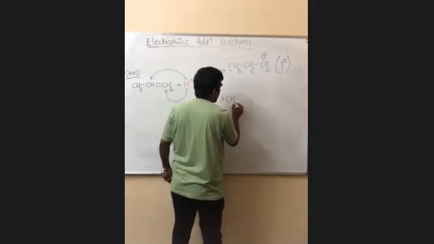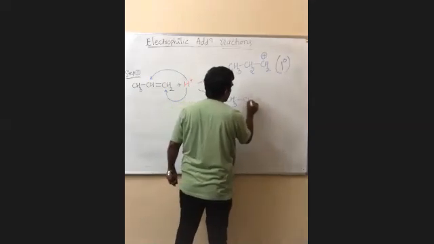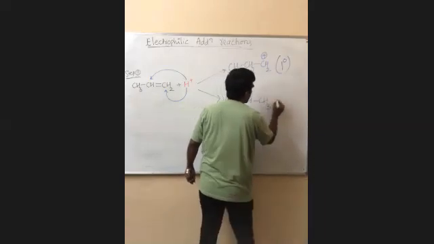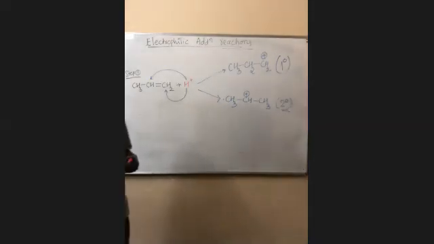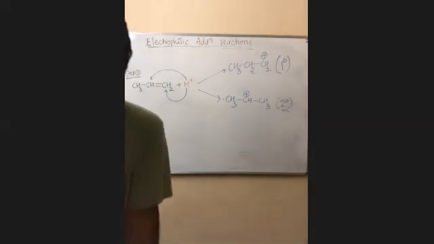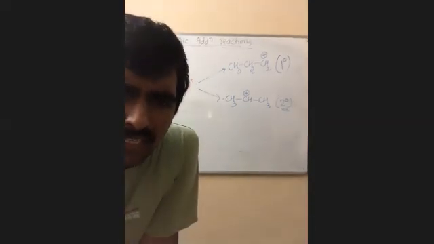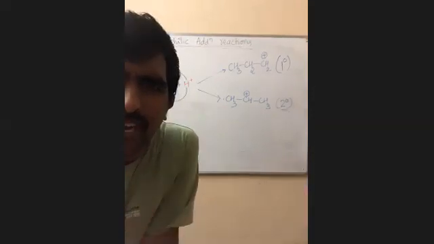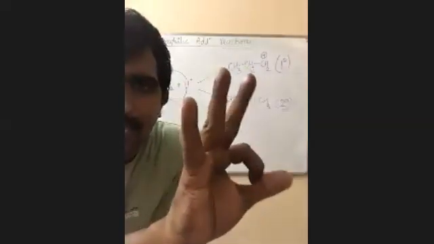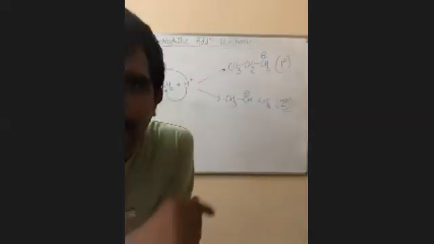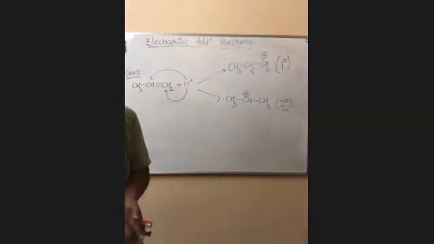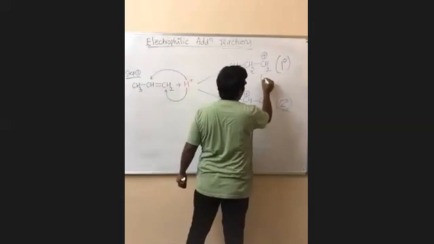If H plus is added to the other carbon, you will get CH3, CH plus, CH3. This is a secondary carbocation. I already told you the stability order of carbocations: benzyl, next allyl, next tertiary, then secondary, then primary. So between primary and secondary, secondary is more stable and primary is less stable.